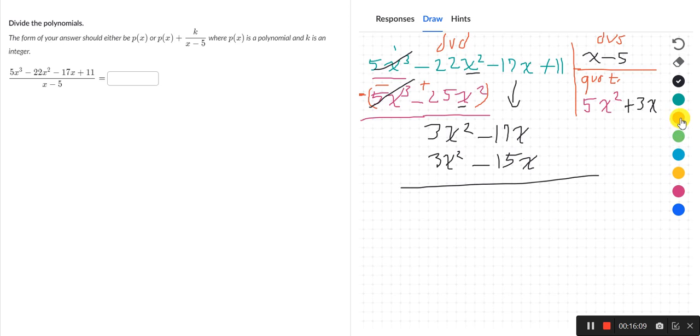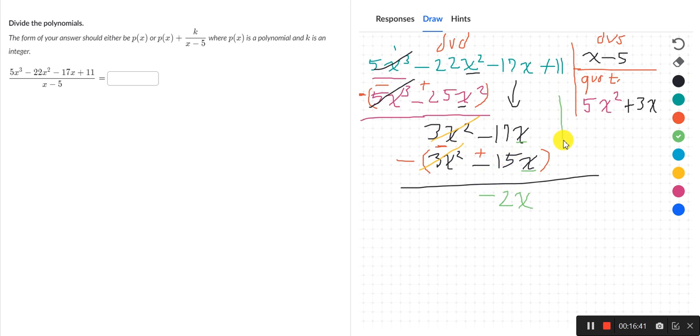Now, again, really, really important: flip the signs, negative, positive. This will cancel out, and I'll be left with positive 15 minus 17x, which is negative 2x. Remember, in this case, we're just subtracting or adding the coefficients.